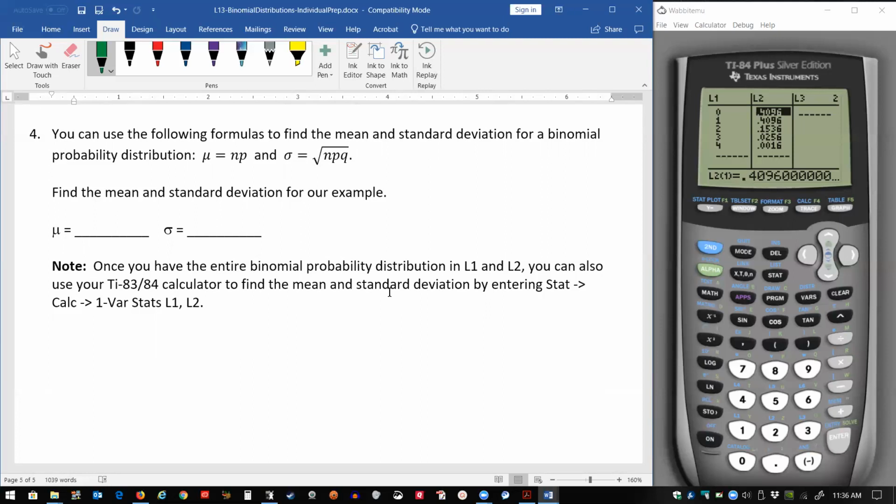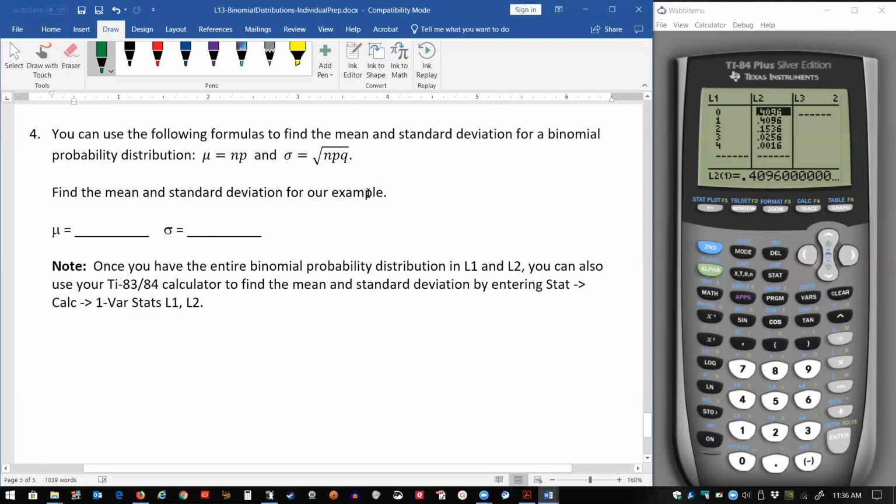We can simplify those formulas when we know that we're dealing with a binomial probability distribution. And here are those formulas for you. The mean, or the expected value, is simply n times p, n times the number of successes that you expect. The standard deviation is the square root of n times p times q. So all numbers that we have, right?